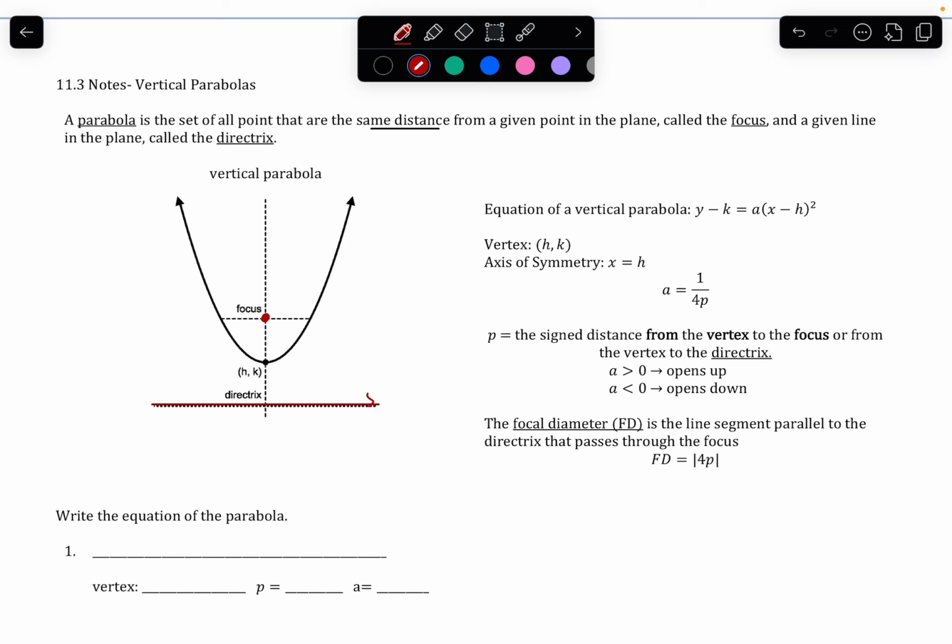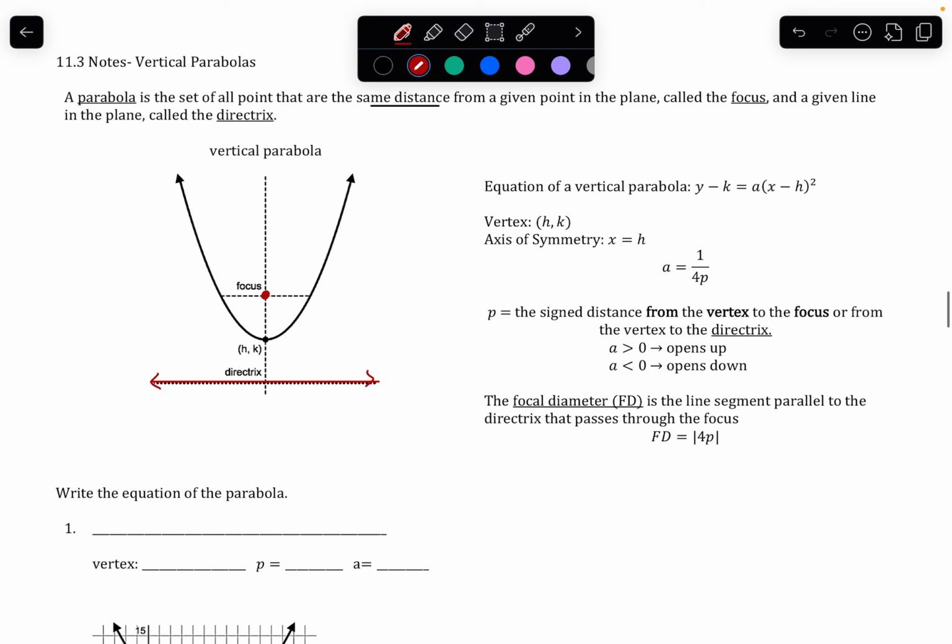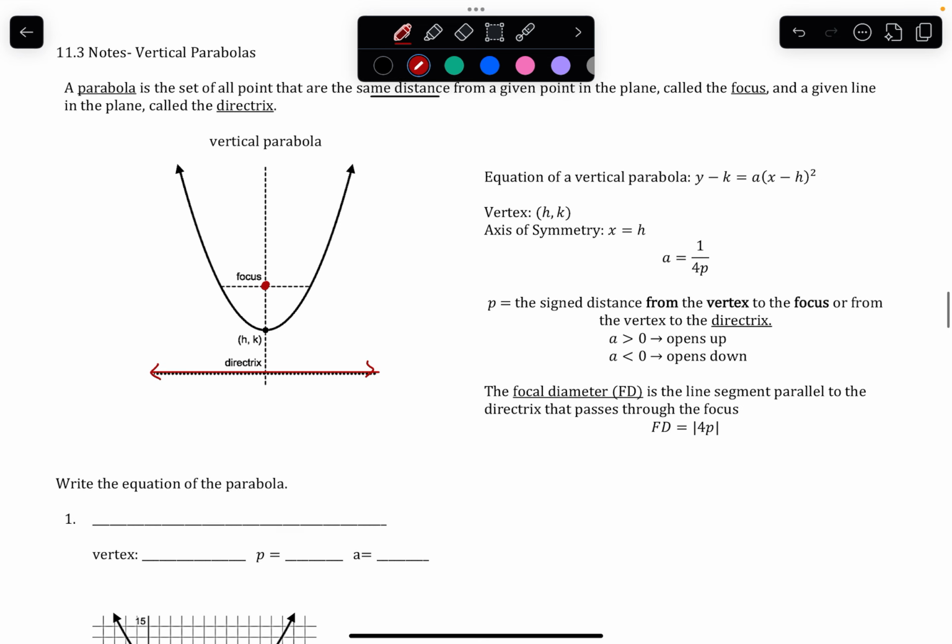Something you want to note about the directrix and the focus is that every point on this parabola is equidistant, and mainly the vertex. So this distance is going to be the same as this distance.